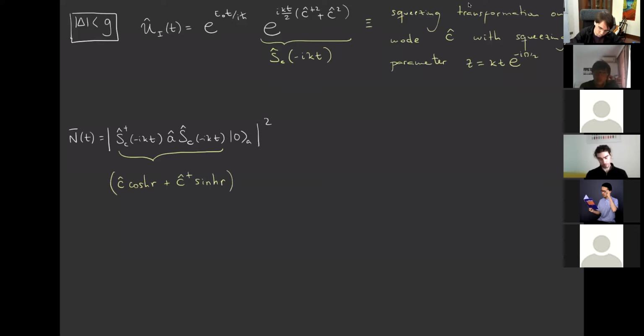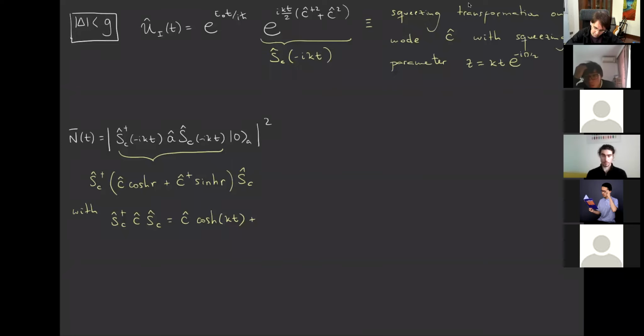And now we have to transform this with the squeezing transformation on C. But we know that the squeezing transformation acting on C, again, this comes from chapter 2, is just C times the hyperbolic cosine of the squeezing parameter, plus a phase.